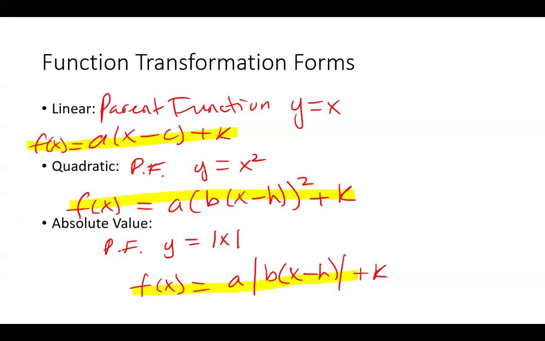Written in these forms, with these variables, you should be able to tell me what the function is doing without actually having to graph it. You can say, my a is 2, so it is being vertically stretched by a factor of 2. It's a linear function, it's a quadratic function. We're going to practice doing that in our example.